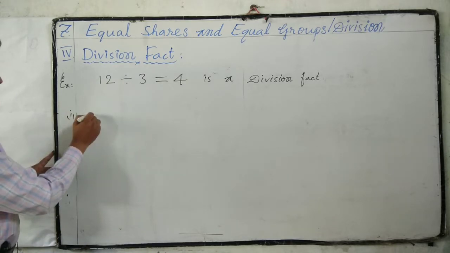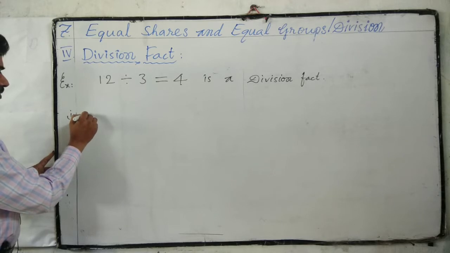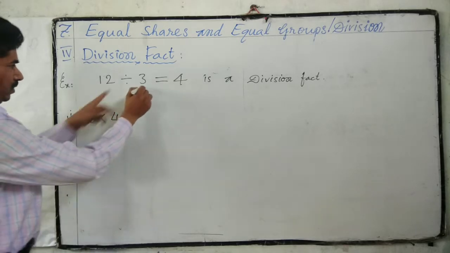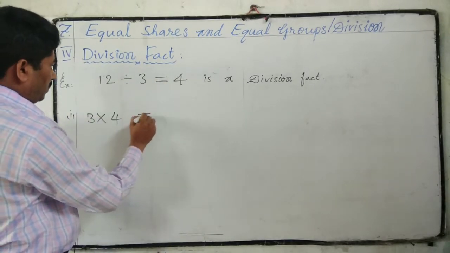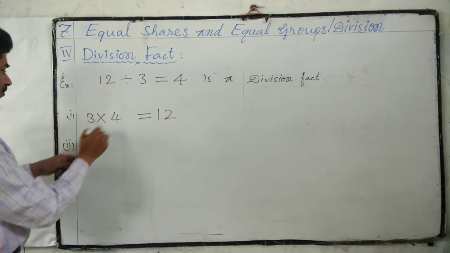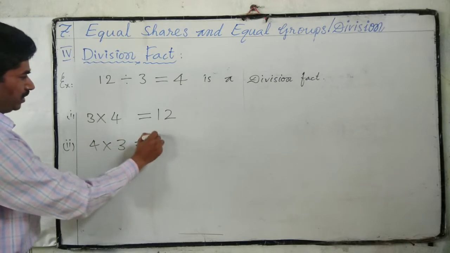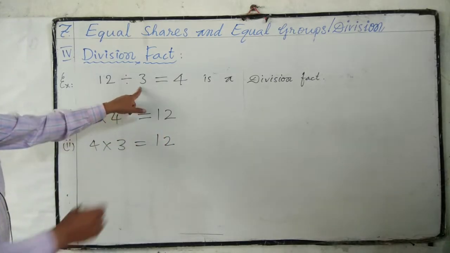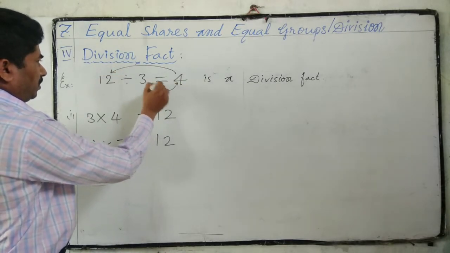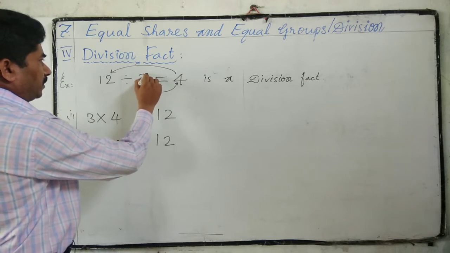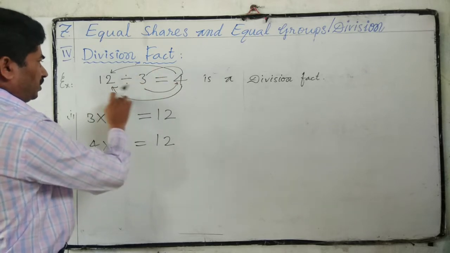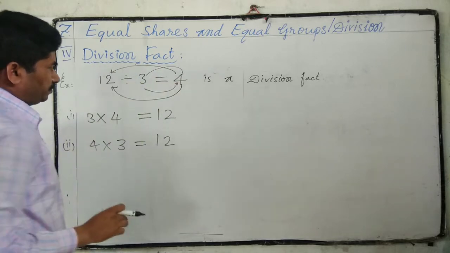One, 3 fours are 12. Second one, 4 threes are also 12. 3 fours are 12, or 4 threes are 12.